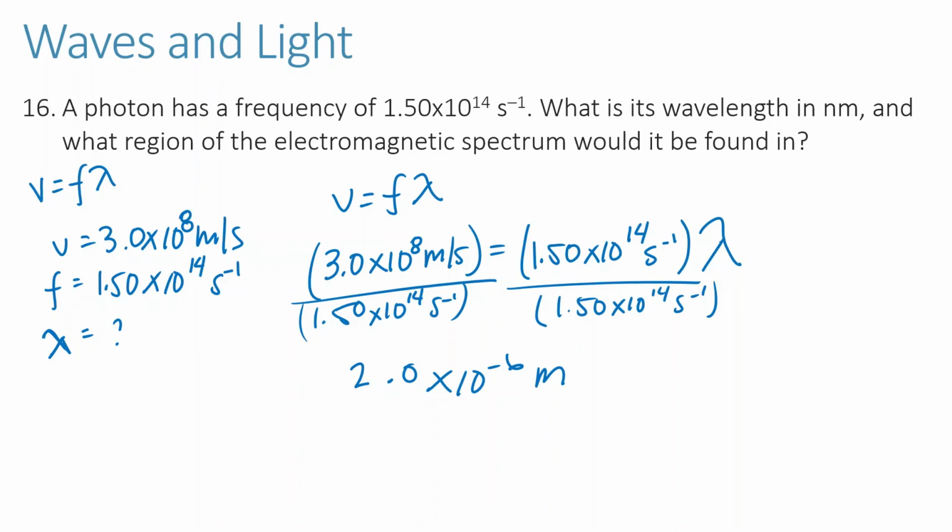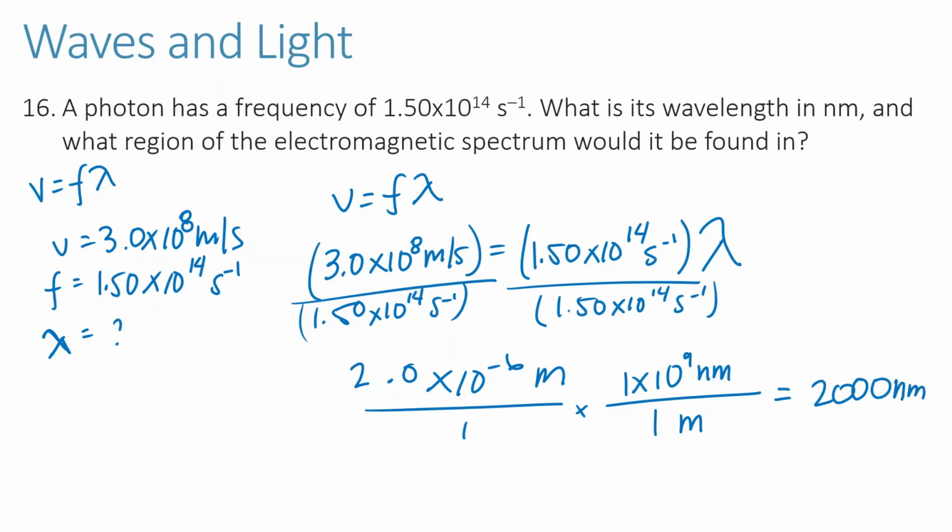So if I were to convert this into nanometers, 1 meter is 1 times 10 to the 9th nanometers. So this gives us something around 2,000 nanometers, which would be in the ultraviolet range.